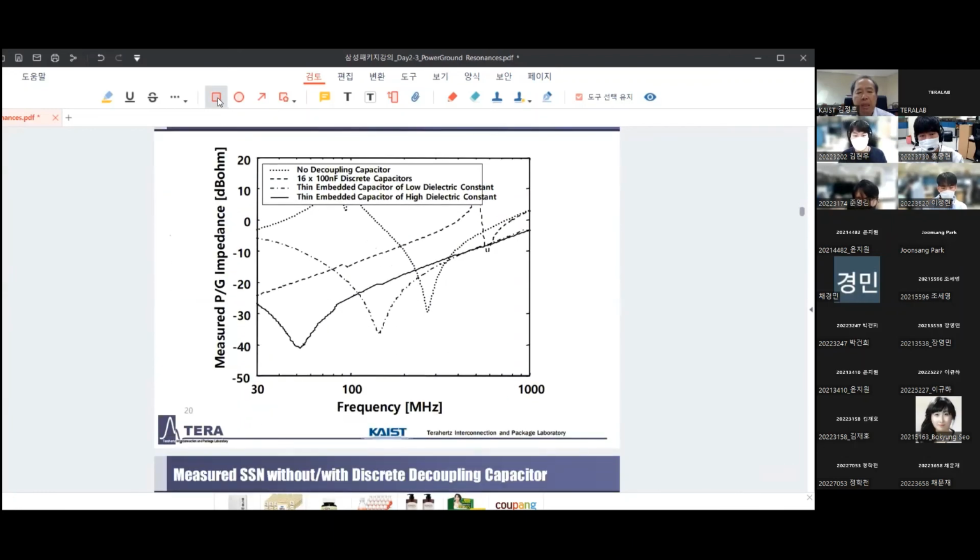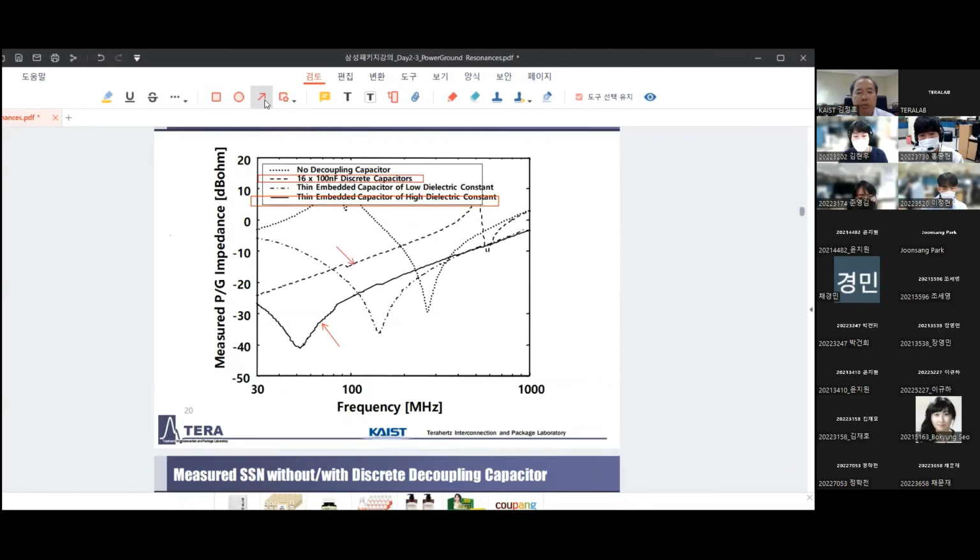Now, by having thin film capacitance, our impedance curve is changed like that. With conventional decoupling capacitors, 16 discrete 100 nanofarad capacitors, the impedance was still very high because the inductance is higher.